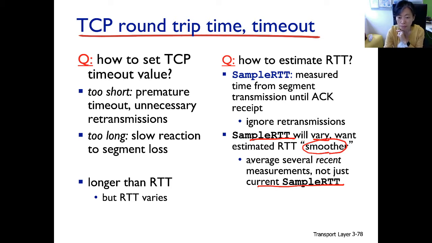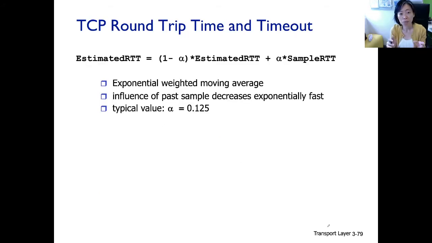That is done by taking the average of multiple recent sample RTTs. What Polly brings up here is essentially the line of code in TCP's implementation estimating the smoothed RTT. The EstimatedRTT variable refers to the smoothed RTT.